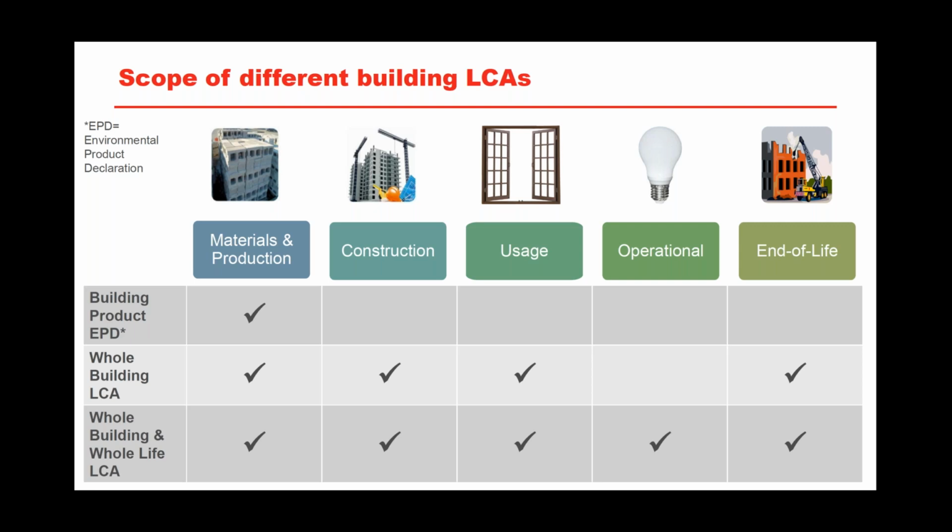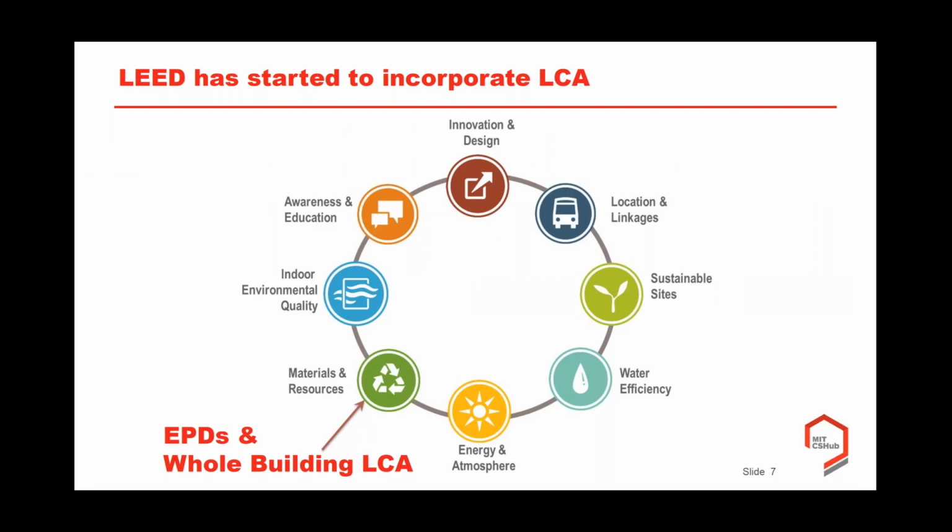So next. And a big driver, particularly for the environmental product declarations and the whole building LCA, has been the LEED standard. And so what I'm showing here are the different categories with which you can get points within LEED, and in particular the materials and resources category is where there are points available for projects that use EPDs or conduct whole building LCA.